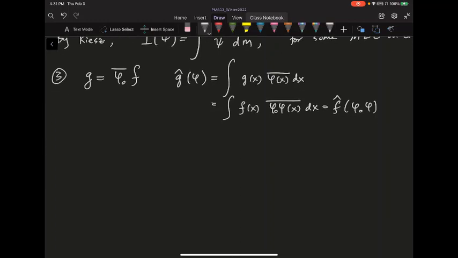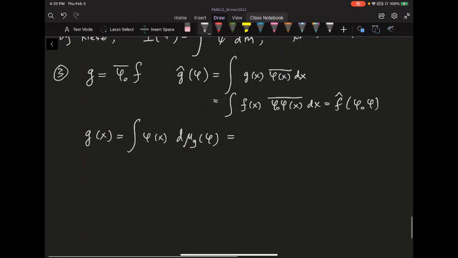Another thing we may observe is that if you consider g(x), by definition, f is inside B₁, so g, when you multiply by some character, is still inside B₁. So by definition, you can recover it by integrating against its measure μ_g of φ. And what's f(x)?